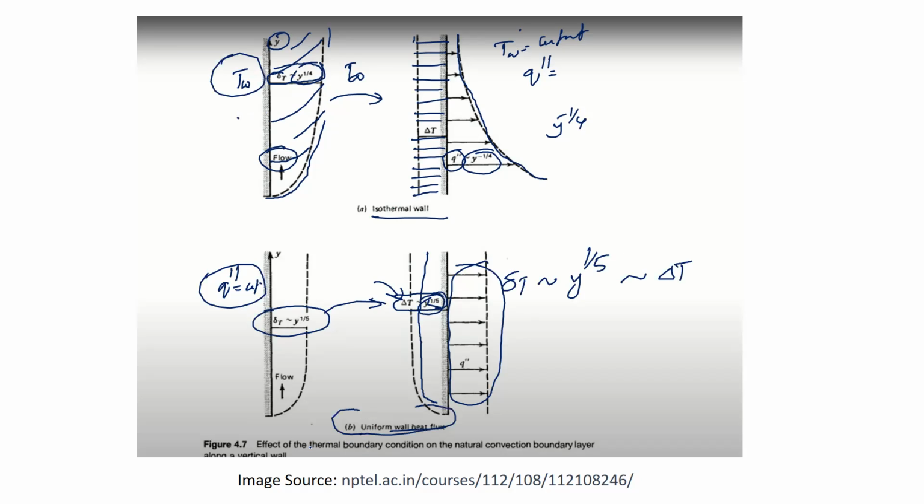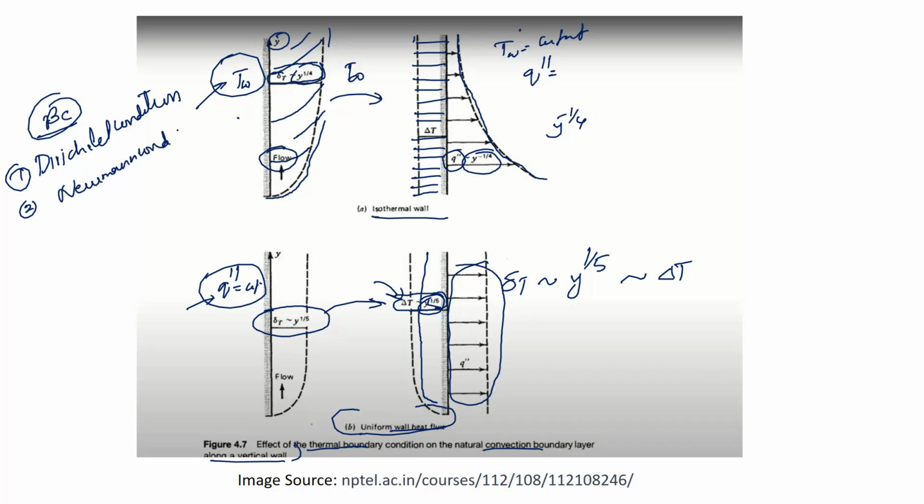So the images are showing the effect of the thermal boundary condition on natural convection. If you are giving a constant wall temperature, it is different. There are basically two boundary conditions, which are generally called the Dirichlet condition and the Neumann condition. In the Dirichlet condition, we specify the temperature at a particular point.